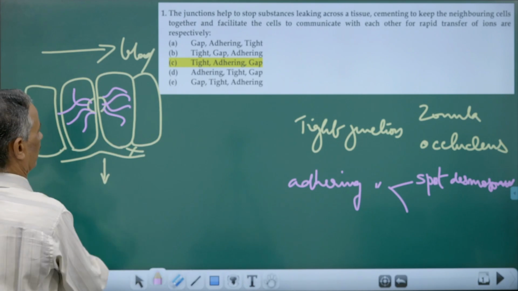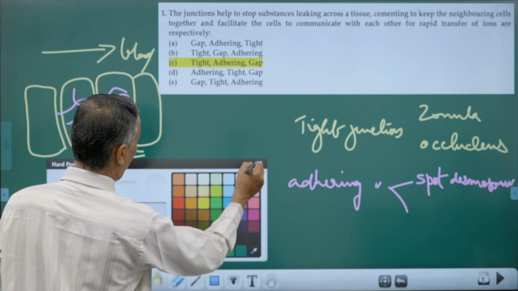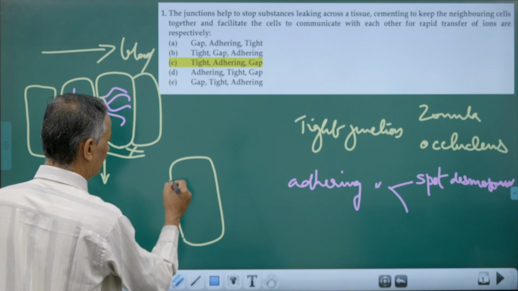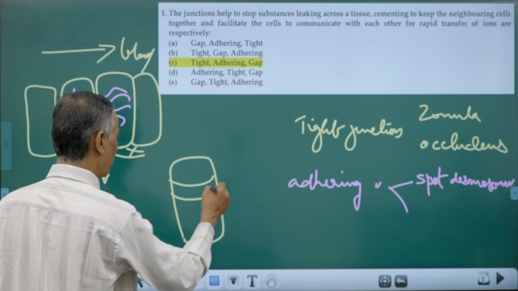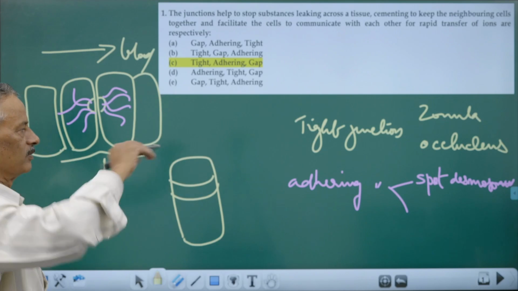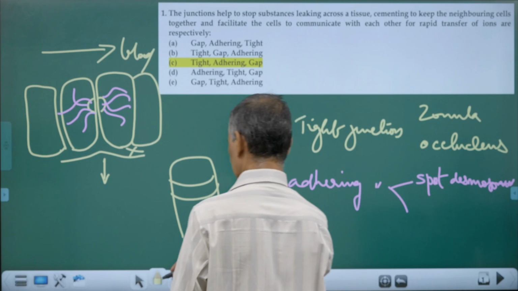Okay, so for example here, whereas if it is present all around the cell, say this is one cell, and that thickening is present all around, in the form of a girdle, in the form of a ring, it is called ring desmosomes.